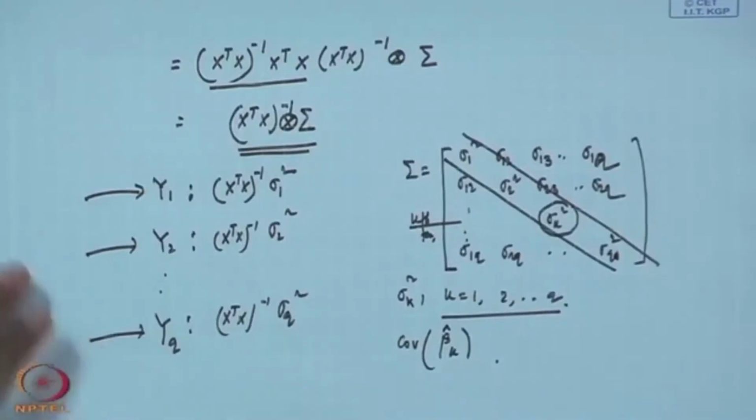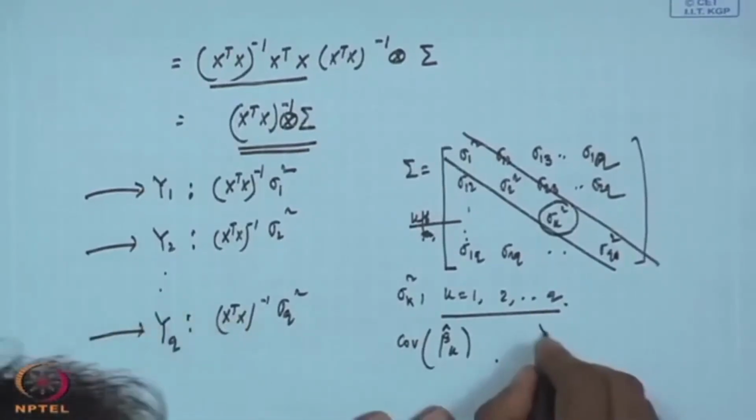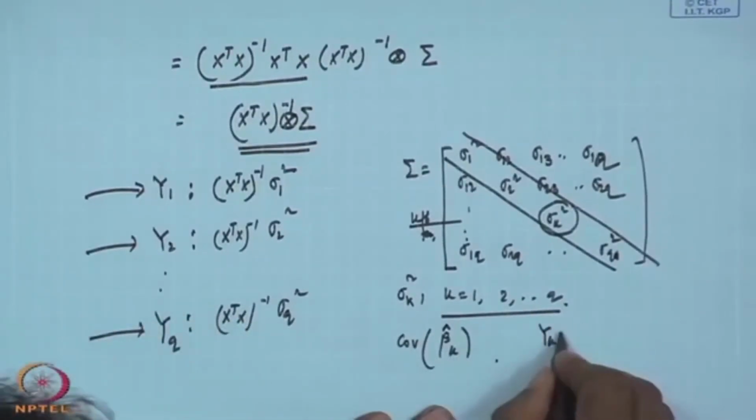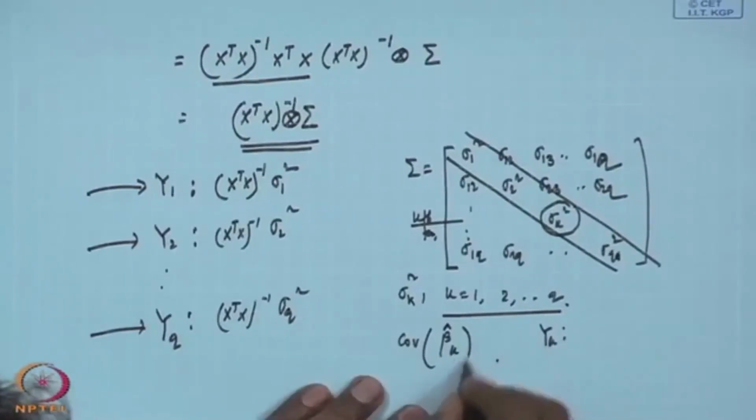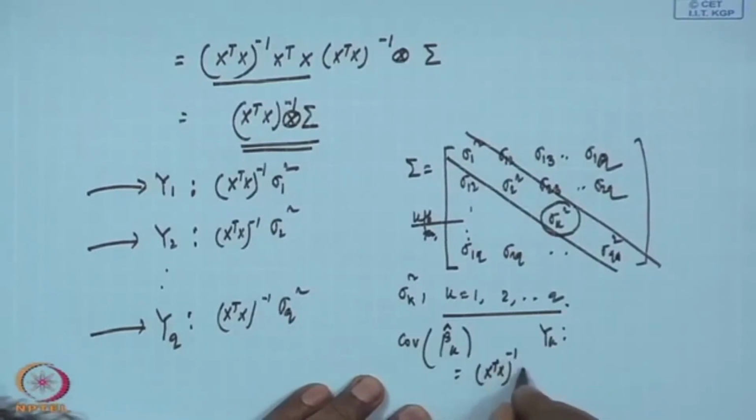What I mean to say is that if I consider the yk variable, in that case the covariance of beta k will be x transpose x inverse sigma k square. That is what we have seen earlier also.